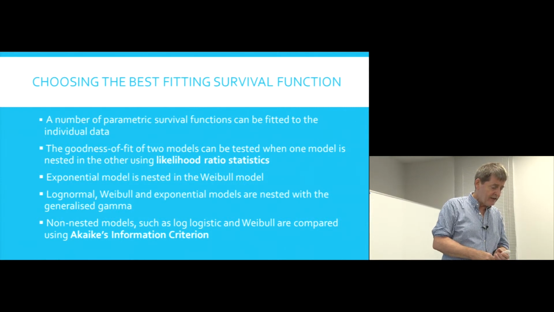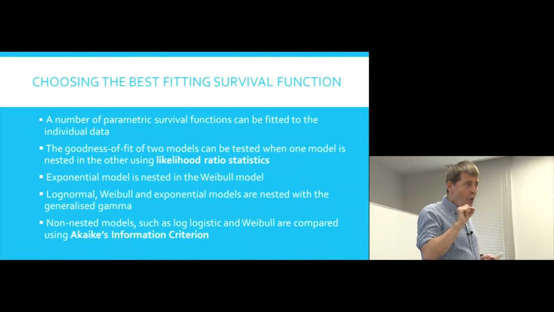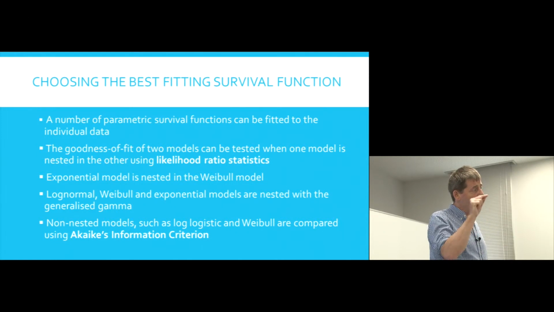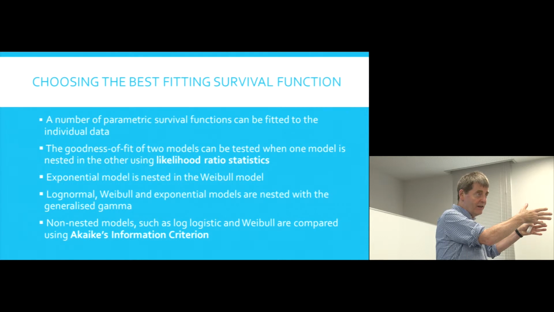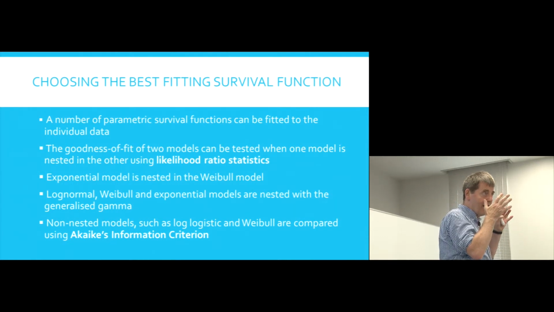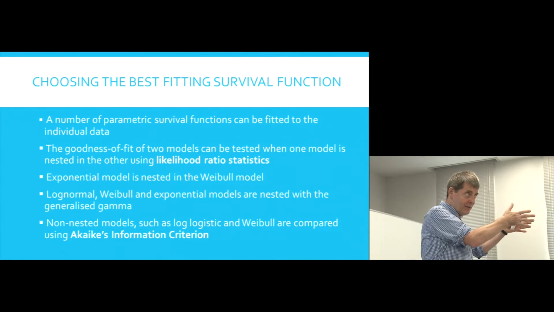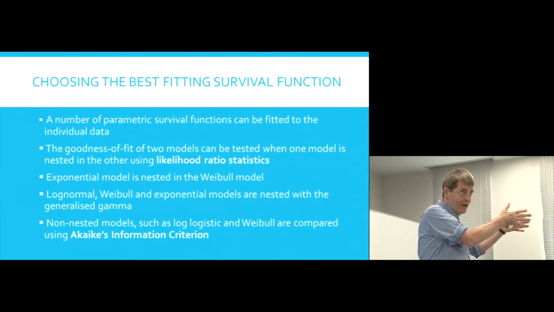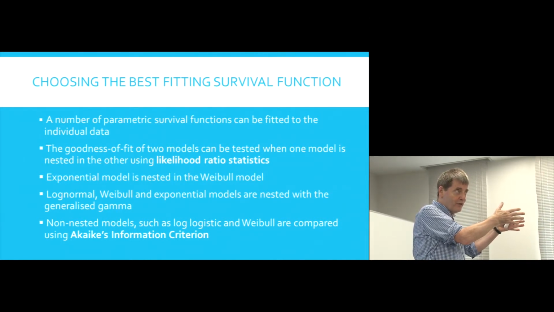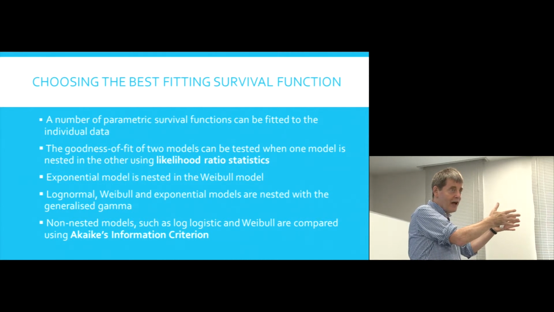And you can ask the question, how well does a particular survival function fit the data? Remember the data we've got? We've got this data from the trial, and it's showing for a limited time period what proportion of the patients were alive.